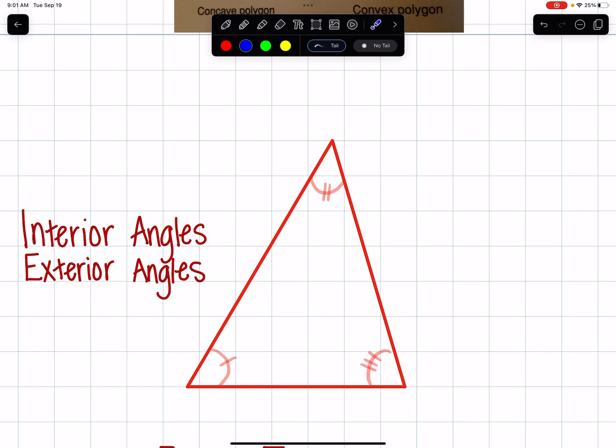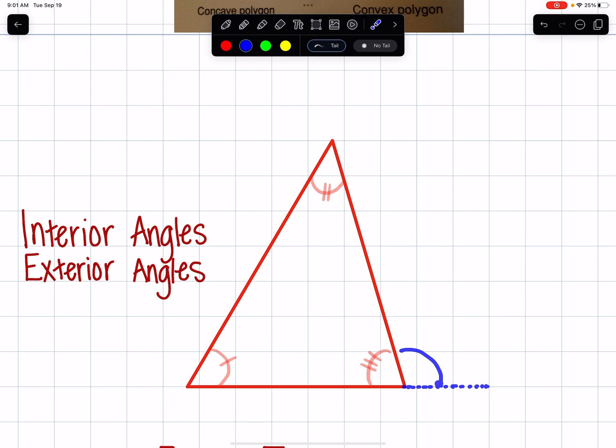So let me show you how to make an exterior angle. If the interior angle is this guy, let's look at this bottom right corner. That's the interior angle. The way that you make an exterior angle here with the convex polygon is that you extend one of the lines. And then the exterior angle is the rest of that angle that goes to the line if it were extended.